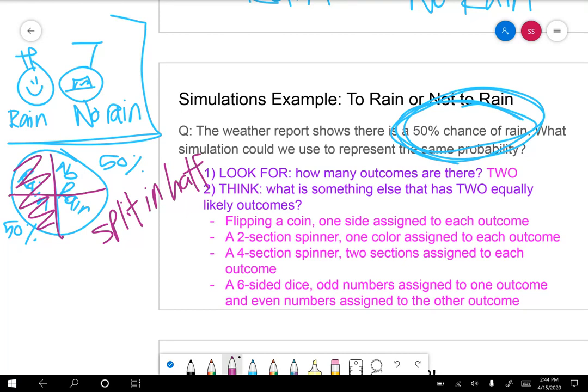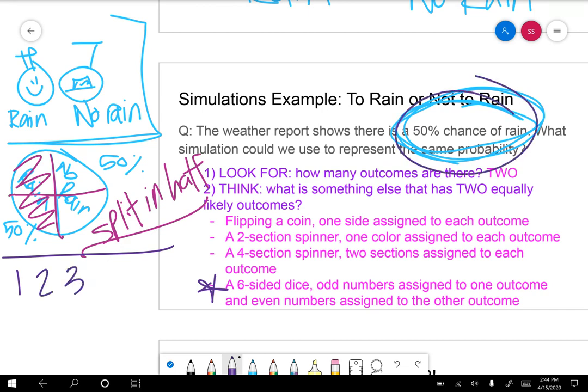Okay, another example of that particular genre would be a 6-sided dice, right? We know a dice has 6 outcomes, which is different than 2 outcomes. Stating the obvious. But we can actually split those numbers up, right? So maybe we say that the numbers 1, 2, and 3 represent rain, and 4, 5, and 6 represent no rain.